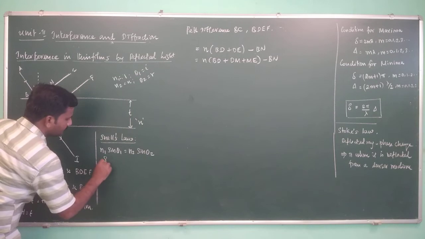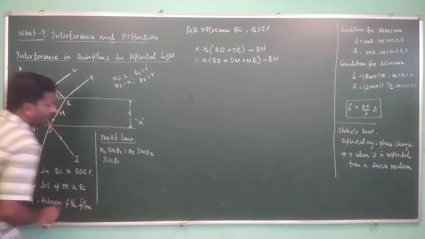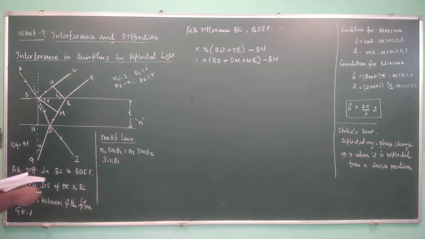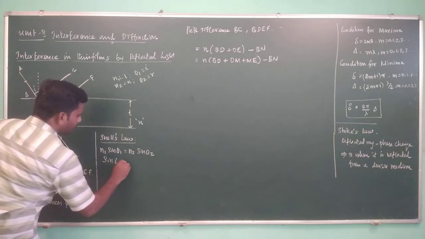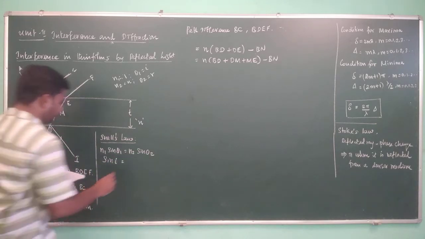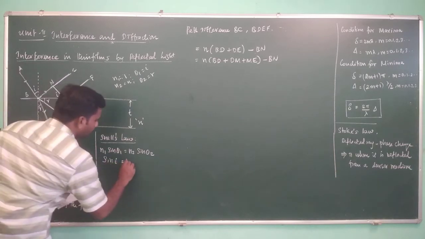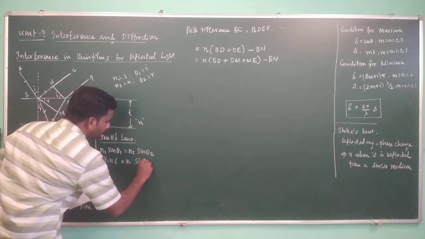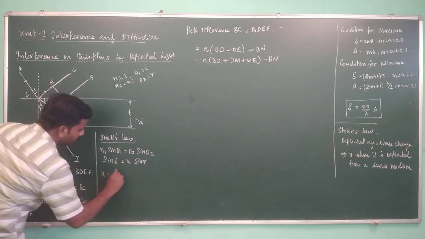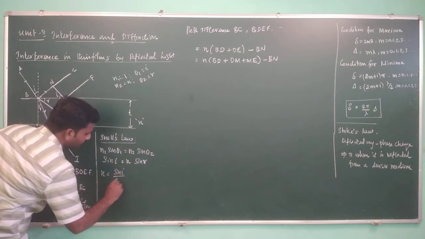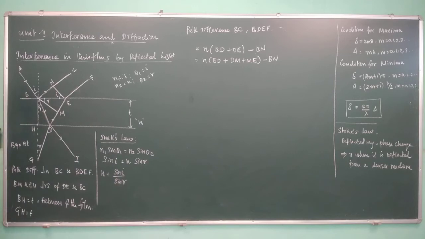So sin theta 1 here is sin i, which is equal to n sin r. So you can write n is equal to sin i by sin r.